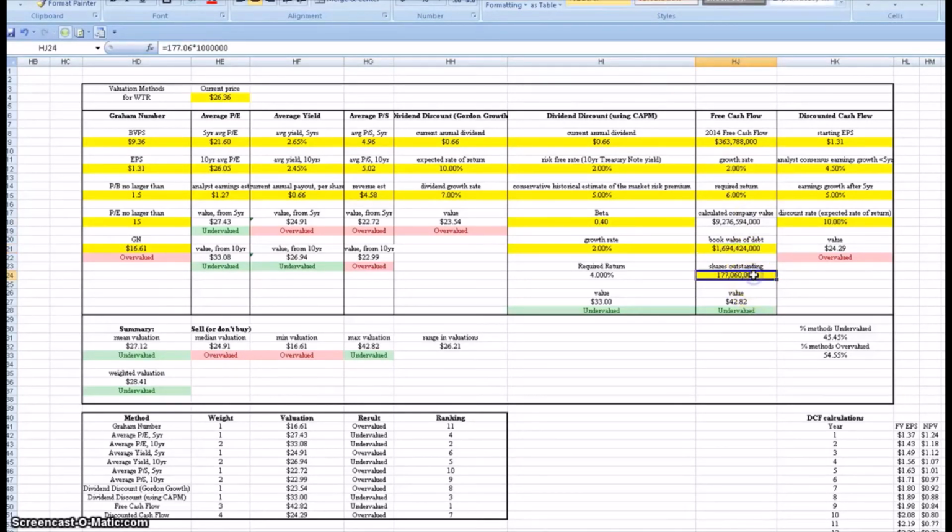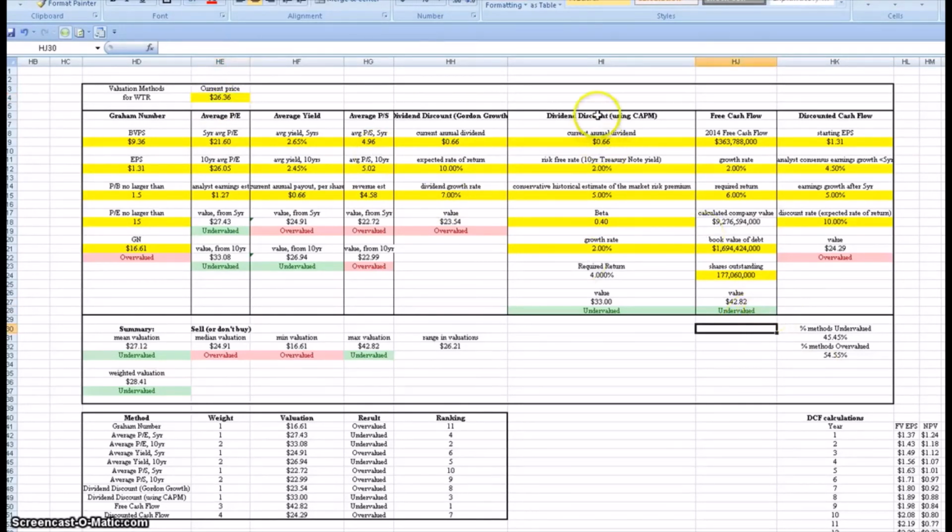And then if you divide it by the number of shares, that's this value per share. Not the market share price, the valuation of the share. So this method values it at $42.82 a share, which again the market is undervaluing.